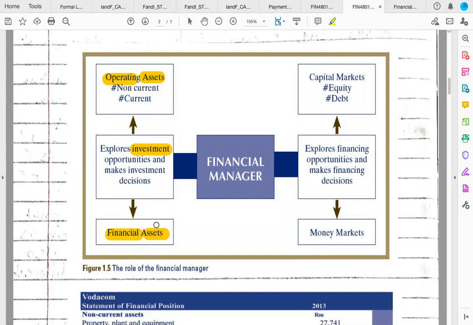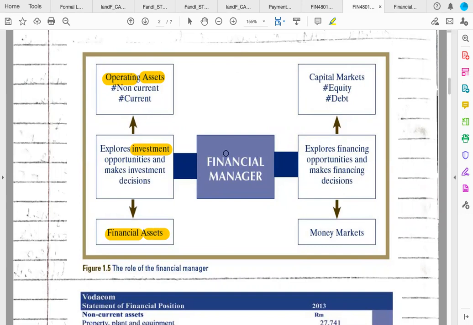When a company has money, it might decide to invest that money in money market instruments, like treasury bills or commercial paper. The company might decide to buy shares in other companies. That's a financial asset, or to loan out money to other companies in the form of bonds. So those are financial assets.